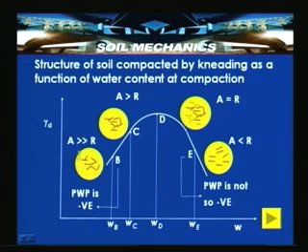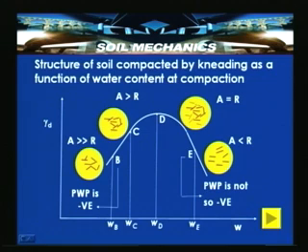The soil structure we discussed is highly flocculated here and dispersed here. When we go to the maximum dry unit weight and optimum moisture content, the soil structure undergoes a rotation of the platelet particles and slowly transforms into a dispersed structure.